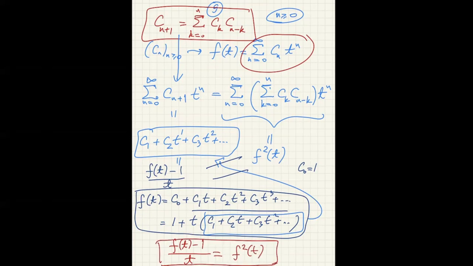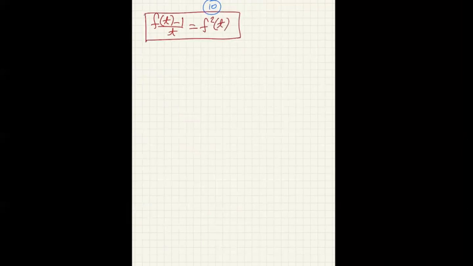So that's the equation that we found out. It's satisfied by the generating function for the Catalan number. So let's rewrite it here. So f of t minus 1 over t equals f squared t. And now we can write this in an equivalent form as a quadratic equation.